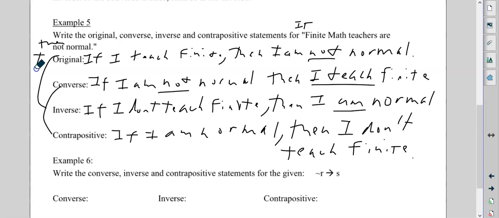So if I'm not normal, then I teach finite. No, you can be not normal and teach plenty of other classes. If I do not teach finite, let's say I teach English, then I am normal. Nope, you could teach other classes and be not normal. And then last, if I am normal, then I don't teach finite. Well, based on our original concept, that is true.